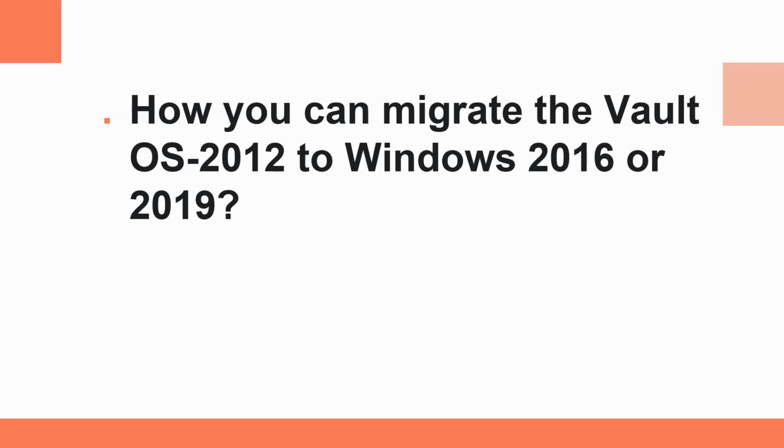If the connection is working fine, then you can delete or decommission the operating system 2012, and point all the components to the new Vault. So that's how we migrate from an old operating system to the newer one, whether you are migrating to 16 or 19. 19 is the latest.